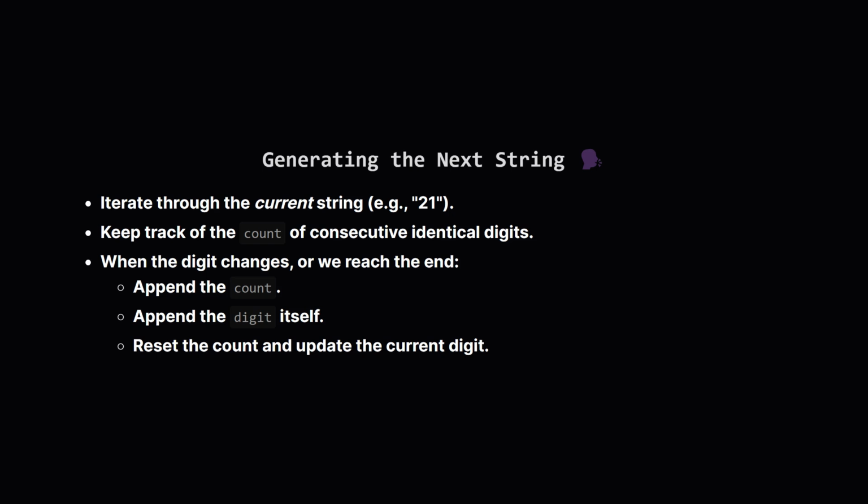We take the count, which was 1, and the digit 2, and add them to our new string. So it starts with 12. Now we move to the next character, 1, and the count resets to 1. We look ahead, oops, we're at the end of the string. So the group of 1s here, we append the count 1 and the digit 1 to our result. Now it's 1211, and we're done with the input string. That's the basic idea. Scan, count consecutive digits, and when the digit changes or the string ends, record the count and the digit.